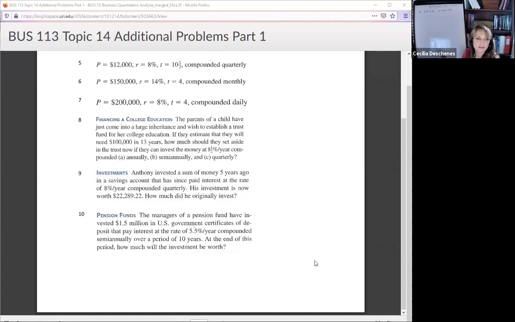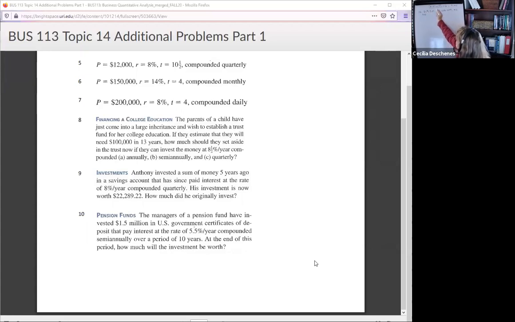And it is compounded semi-annually, so that means twice a year. So M equals 2. And the time period is 10 years. All right. So at the end of this period, how much will the investment be worth?